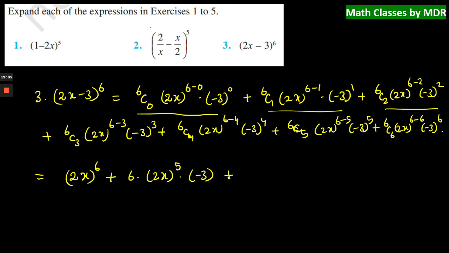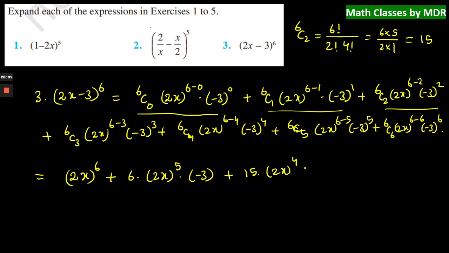Plus 6C2. What is 6C2? 6C2 is 6 factorial by 2 factorial into 4 factorial. Right? Can I write it as 6 into 5 by 2 into 1? Because the 4 factorial in the 6 factorial will get cancelled. So that will be equal to 15. Therefore 6C2 is 15, 2x power 6 minus 2 is 4, and minus 3 whole square is 9.